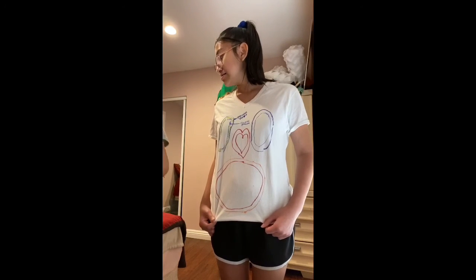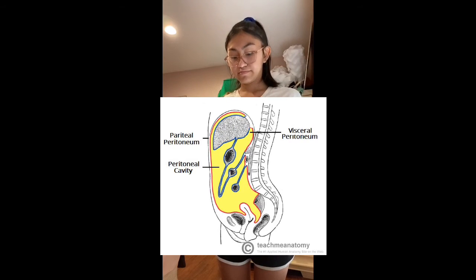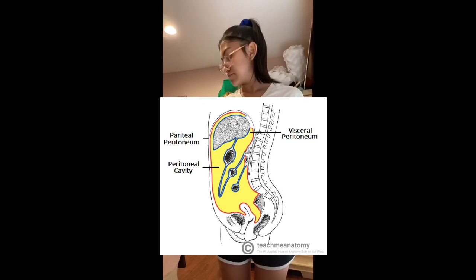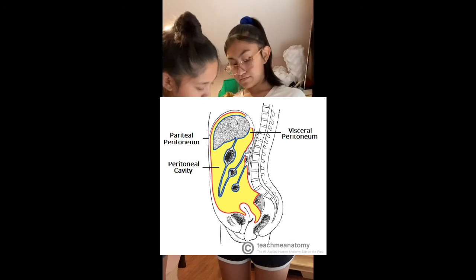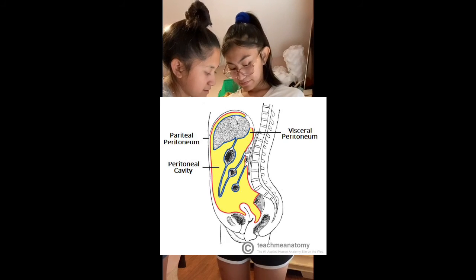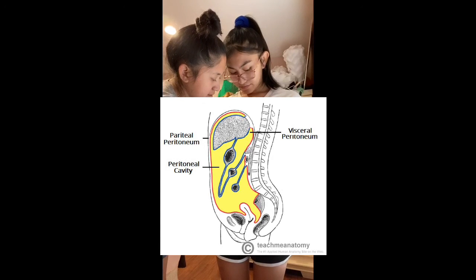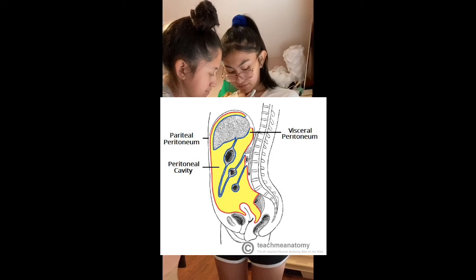Now we're going to move on to the abdominal pelvic cavity. The abdominal pelvic has the parietal peritoneum and the visceral peritoneum. The parietal peritoneum lines the abdominal and the pelvic walls and the inferior surface of the thoracic diaphragm, while the visceral peritoneum is a membrane that covers the surfaces of organs within the abdominal cavity.